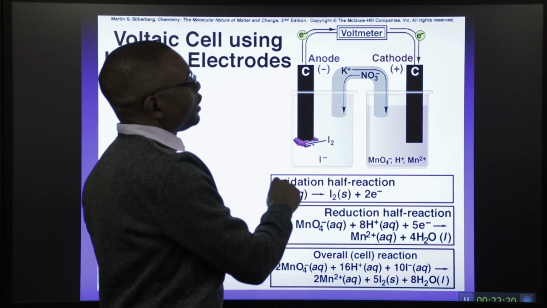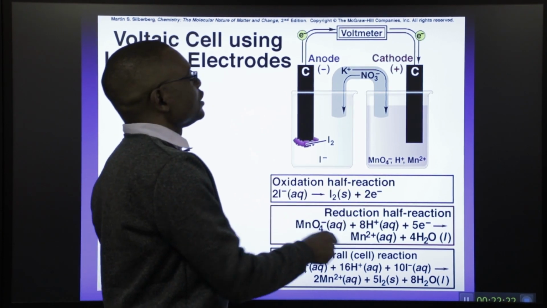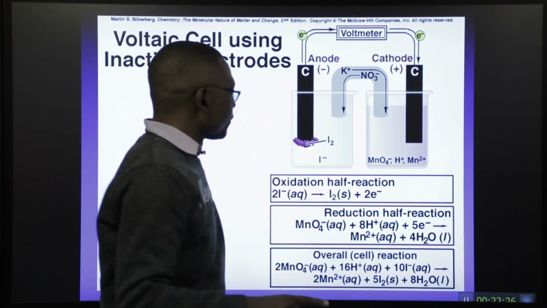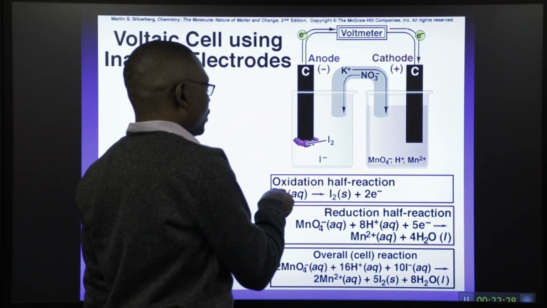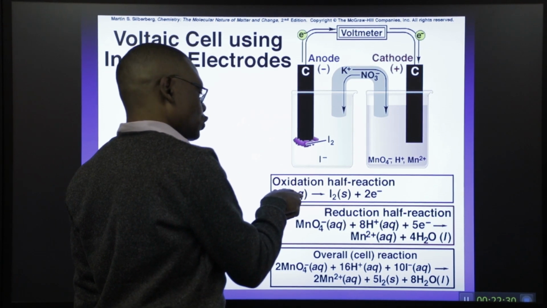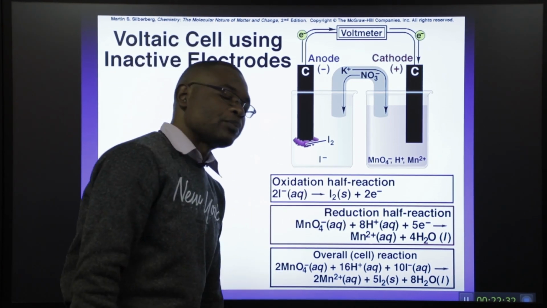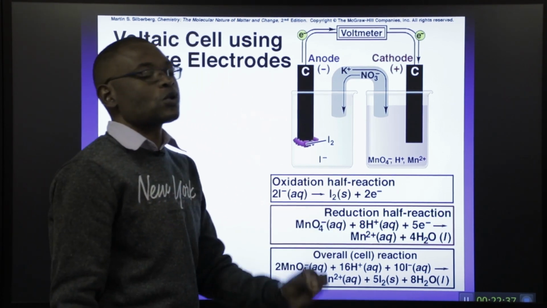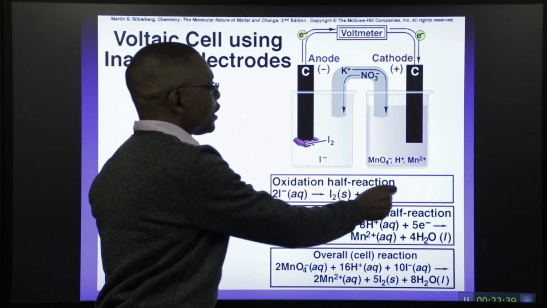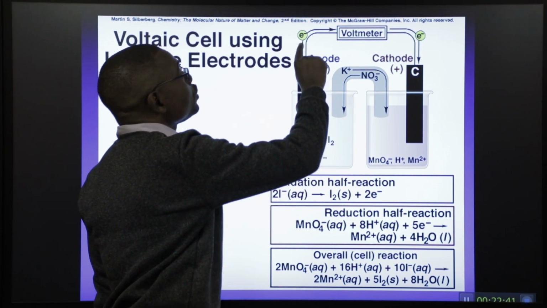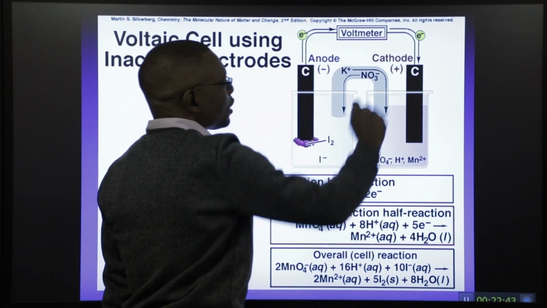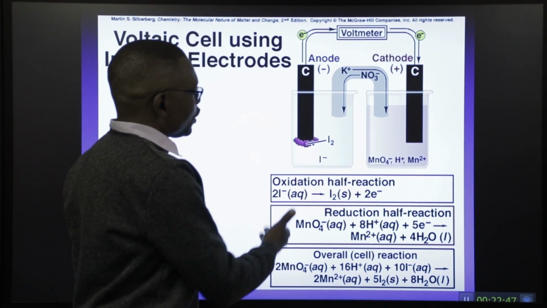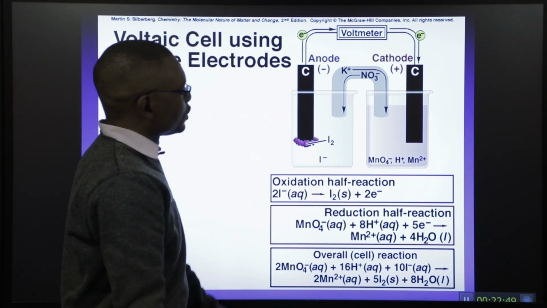So this is an oxidation half reaction taking place at the anode of an inactive cell. Two iodide ions in solution lose electrons and become solid iodine, and then the electrons go through the anode to the cathode. For that reason, this becomes the oxidation half reaction.